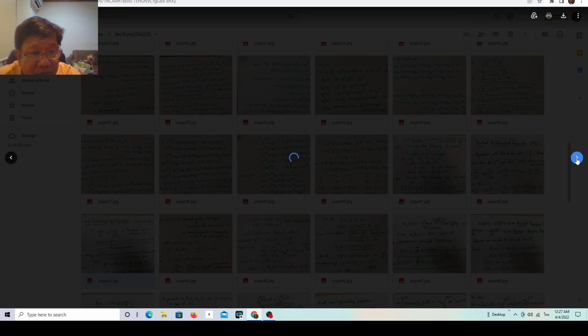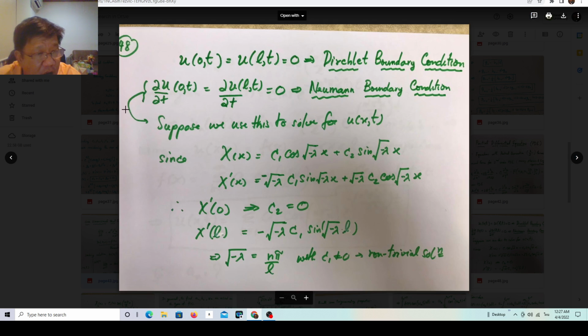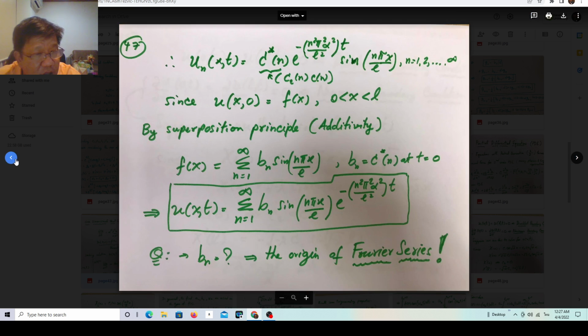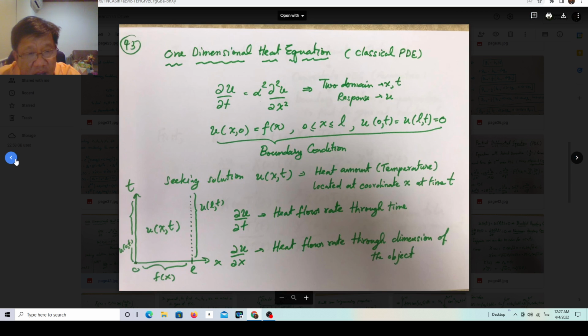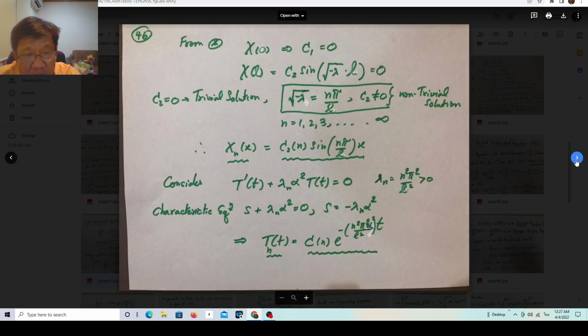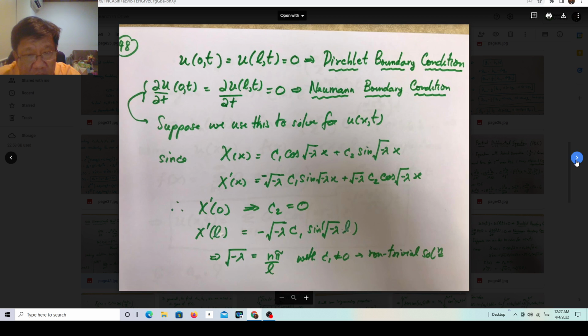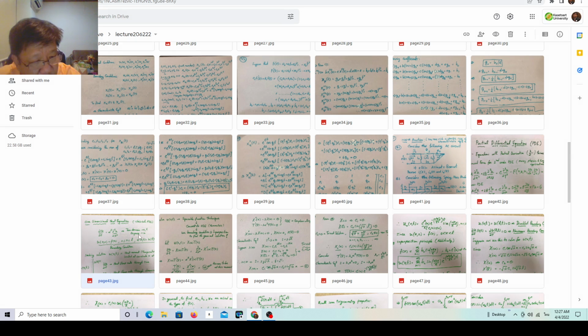So in the next step, we're going to take a look at a different type of boundary value condition. The boundary condition that we just gave you in this slide 43, we normally name based on the people who studied it.